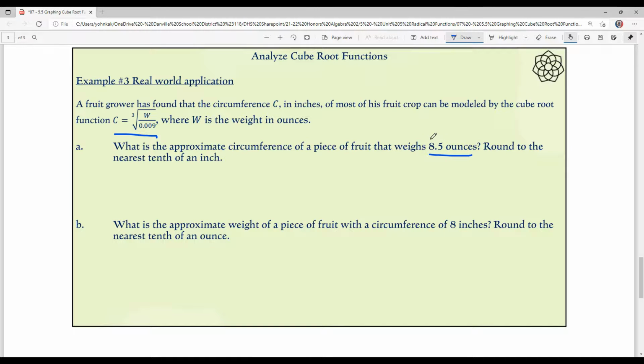So 8.5 is a weight. Weight is W. So I'm going to replace W with 8.5. So C equals the cube root of 8.5 divided by 0.009. If I type this into my calculator and round to the nearest tenth, I get 9.8 inches.